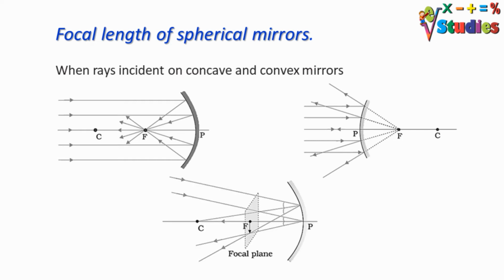Now looking at the third figure, students, when the rays are incident and making some angle with the principal axis, after reflection they would converge at a point in a plane through F normal to the principal axis, and the gray area highlighted here is called the focal plane.